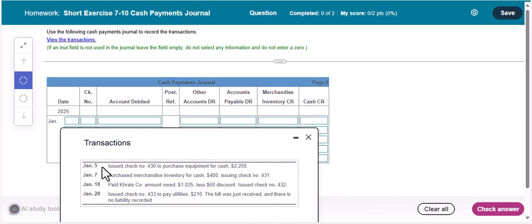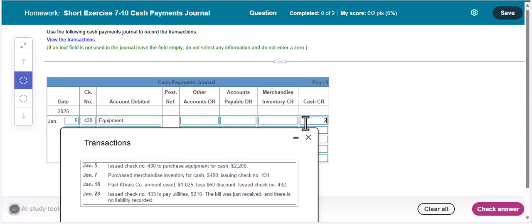So on January 5th, we issued check number 430. So we can input the date first here, check number 430 to purchase equipment for cash of $2,200. So we know we are purchasing equipment, so our equipment, our asset is going up, so that is the account to be debited, equipment. And then we have the cash credit.